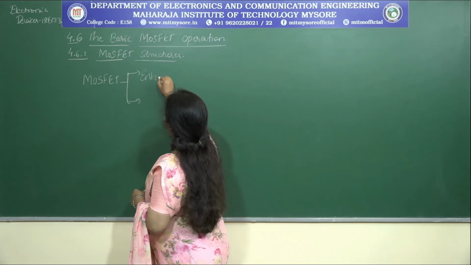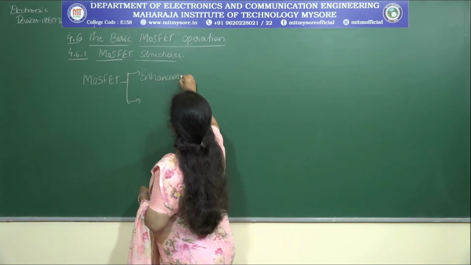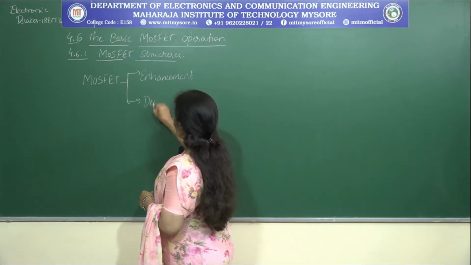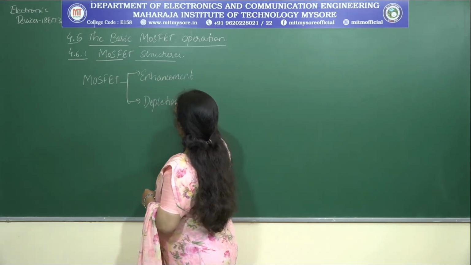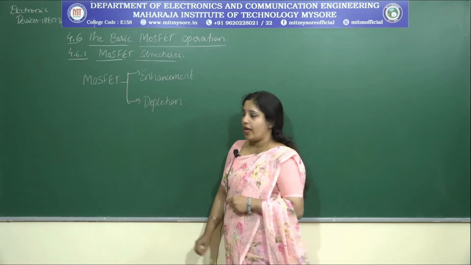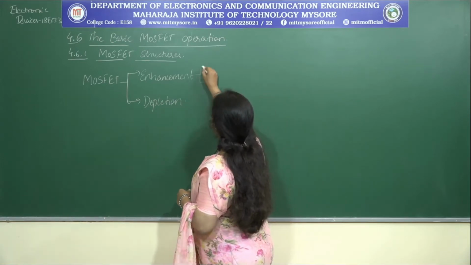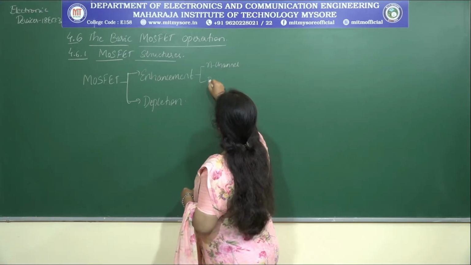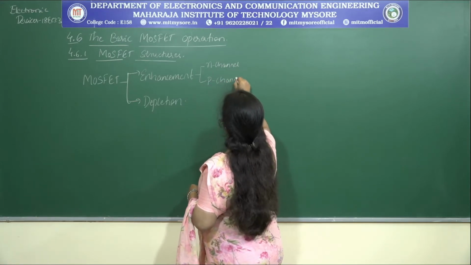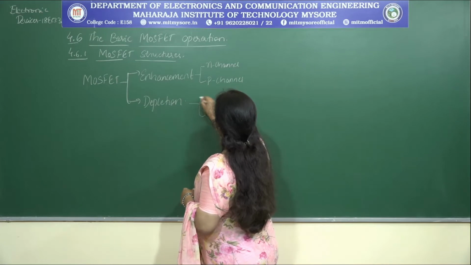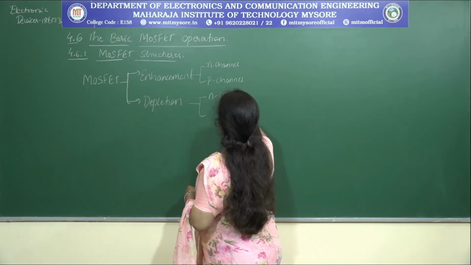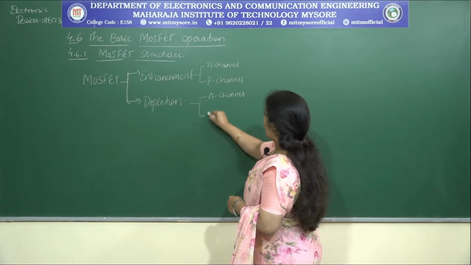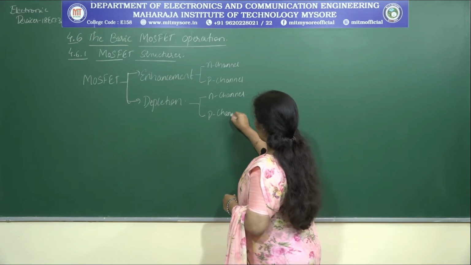One is called enhancement mode MOSFETs and the other is referred to as depletion type MOSFETs. Again, when I consider the enhancement, there are 2 different classifications. One is called N channel and the other is called P channel. And then here again in the depletion mode, we have N channel and P channel.